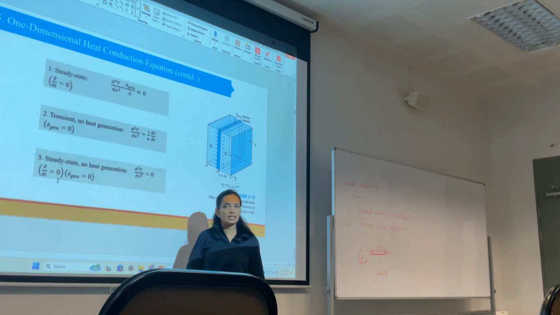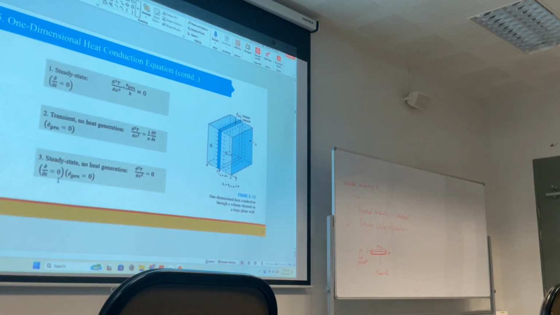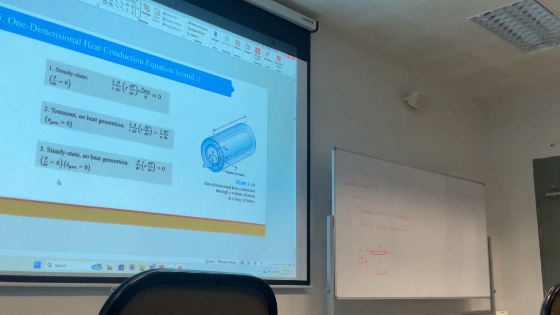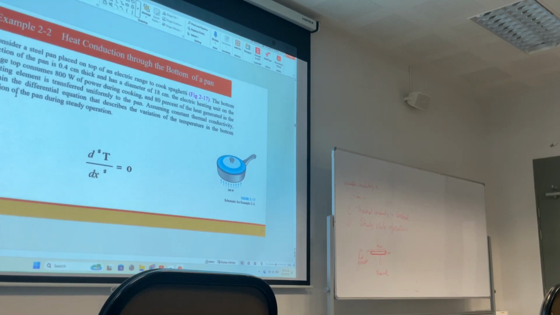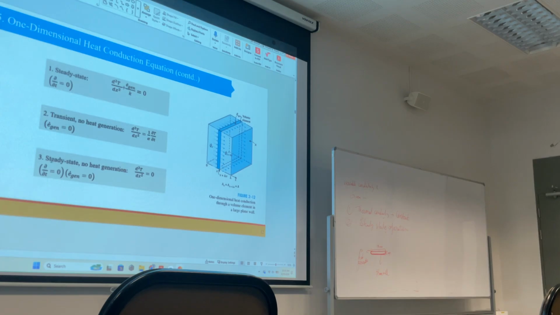The question is saying it's a steady state. So either first or third. The second equation is for transient. If you want to study heat transfer in a plane wall when the temperature is transient, then you use the second formula. But our numerical is saying that the heat transfer is steady. So either first or third.